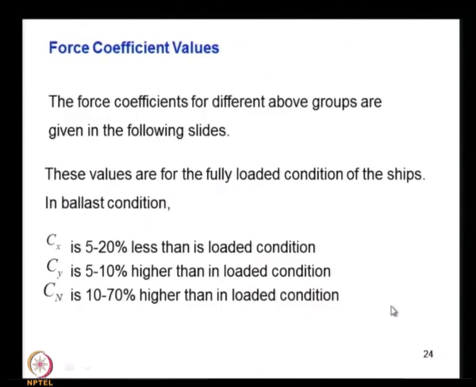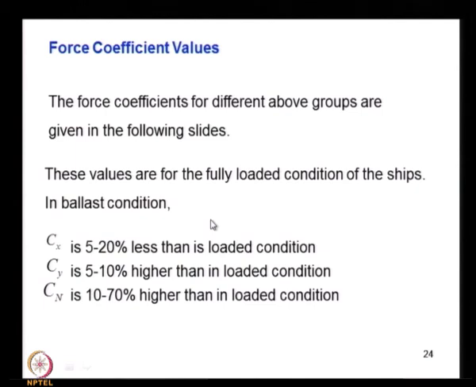The force coefficient values, what are C x, C y and C n for different groups, are as we see below. These values change depending on the loading condition of the ship.